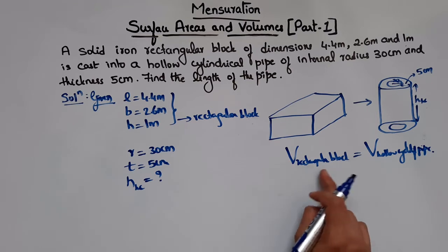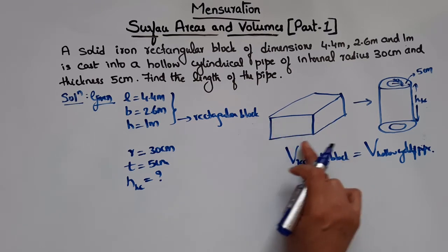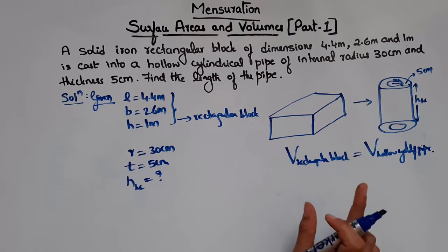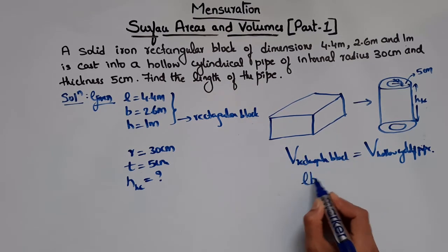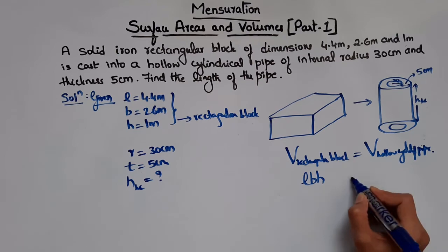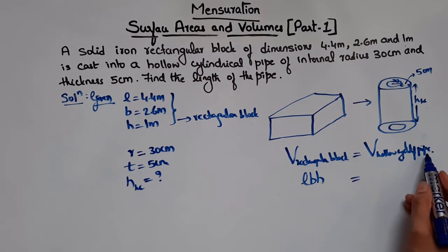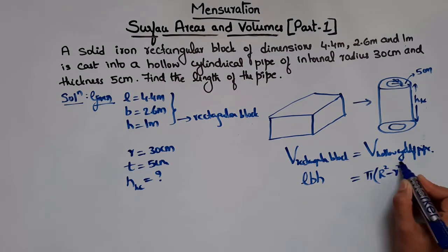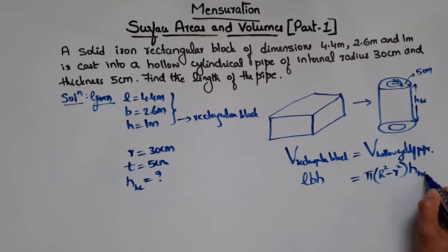So what is the volume of the rectangular block? Here the rectangular block is of the form cuboid. We know the volume of the cuboid is given by length into breadth into height, LBH, which is equal to the volume of the hollow cylindrical pipe. We know the formula: pi into R square minus r square into h. Here h is the height of the hollow cylindrical pipe, HC.